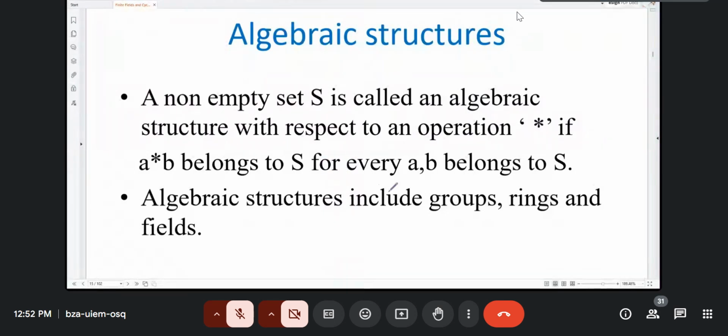So algebraic structures include groups, rings, and fields. But you see, I started with groups, but our main interest is the fields, because it's the fields that give us that ability to construct code words.